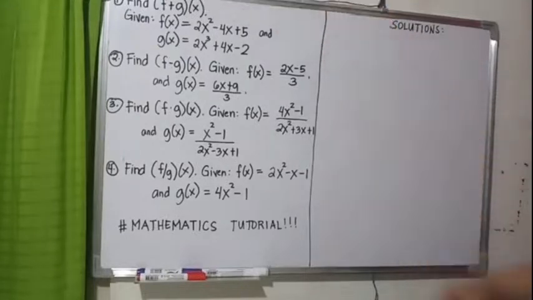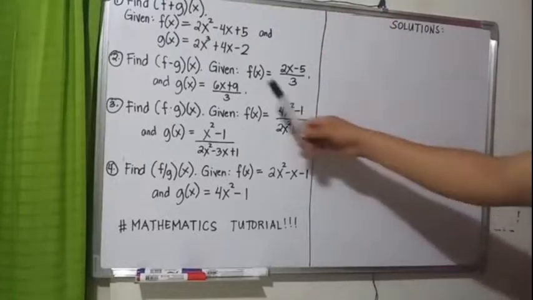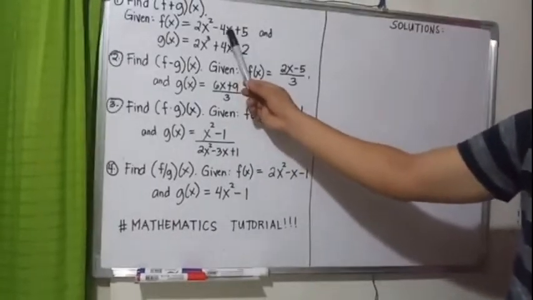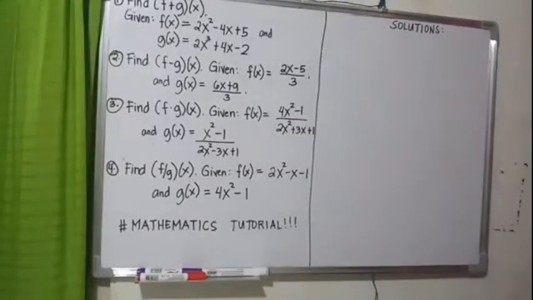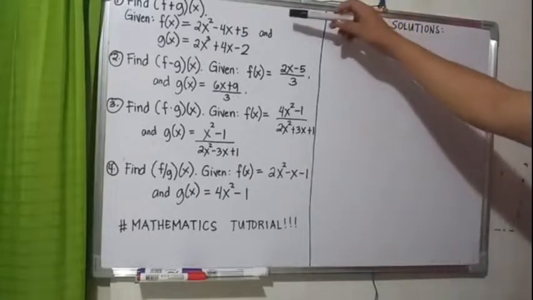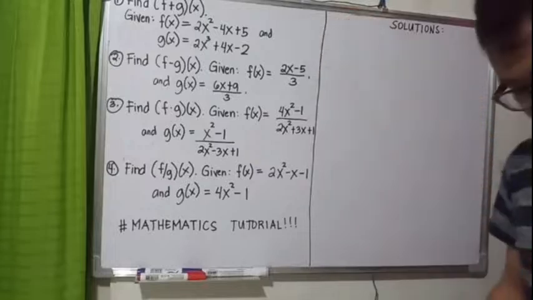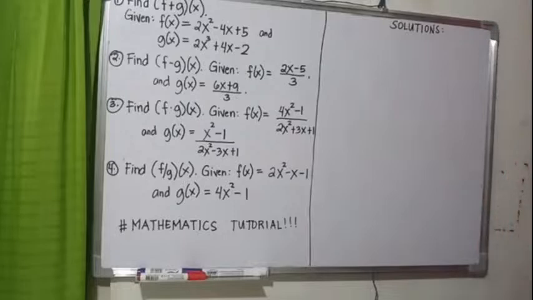So given, ang f of x is 2x squared minus 4x plus 5, and g of x equals 2x cubed plus 4x minus 2. So in order to solve for the sum of these given functions, first we need to identify the given.